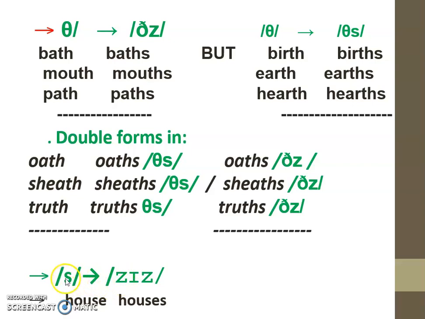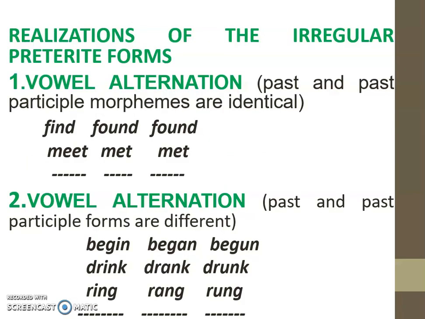The voiceless s changes to the voiced z, and because z is a sibilant, we have the extra syllable. House, houses. All of these phonological processes are non-productive. It means that we won't apply them when we borrow words from other languages.